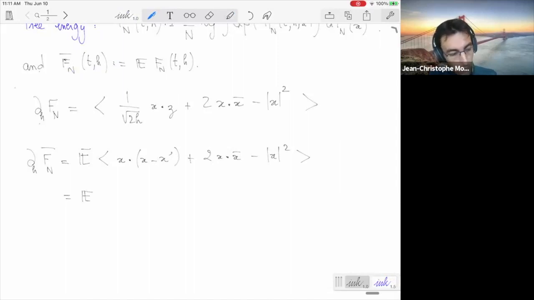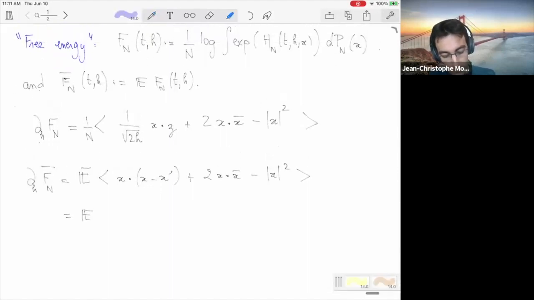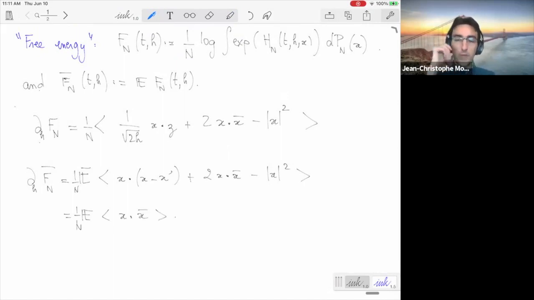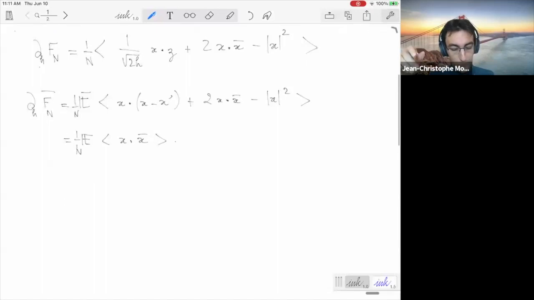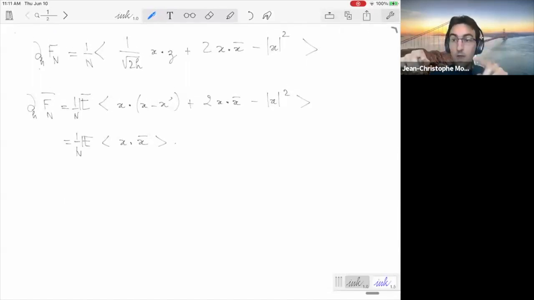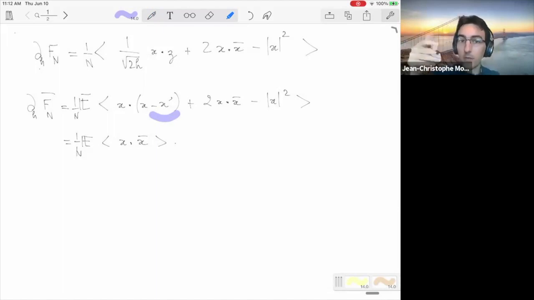Oh, there's a 1 over n I forgot in front, which just comes from here. So thanks to this Nishimori property, I can express this derivative using only one extra random variable in this bracket, not 2 as we could have. Initially I had 2 of these variables, like x and x prime, but I can simplify it and only use x.